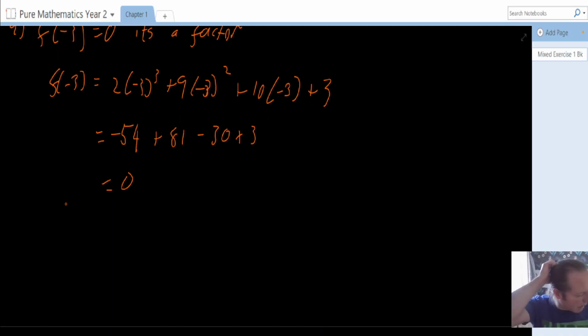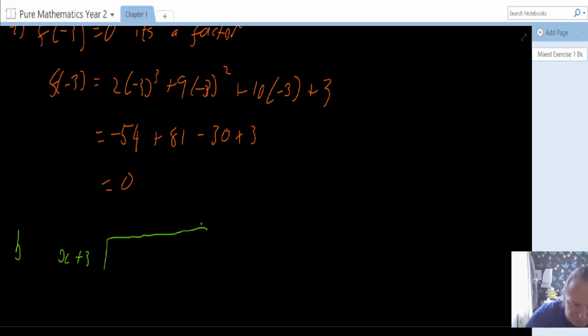Okay, so with that in mind, as we go on to part B, what we need to do is find out what happens when we take x plus 3, because if that's a factor, or a root, we need to change the sign, and we need to divide that into f of x, which of course is 2x cubed plus 9x squared plus 10x plus 3.